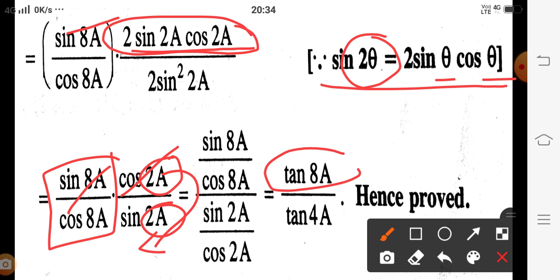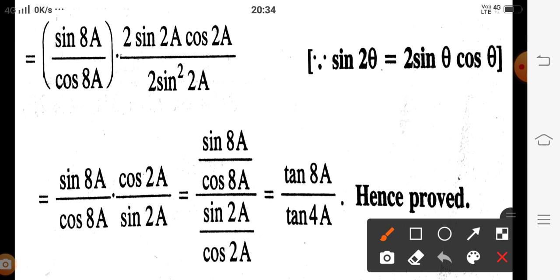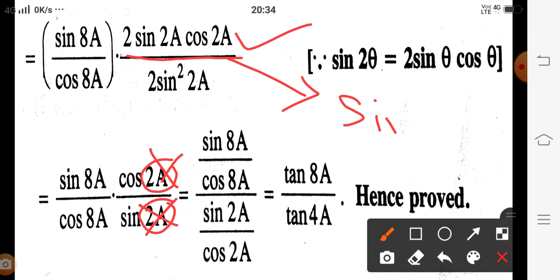This value is 4a, because here we have 2 into sin 2a cos 2a, which is equal to sin 4a. And in the denominator we get cos 4a. Then we get tan 4a. Sin 4a upon cos 4a, so you get tan 4a in the denominator.